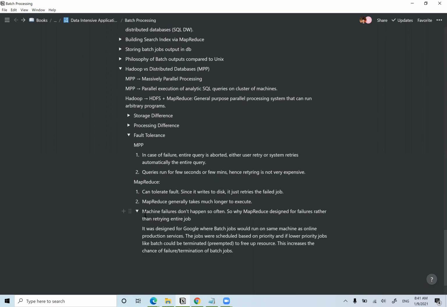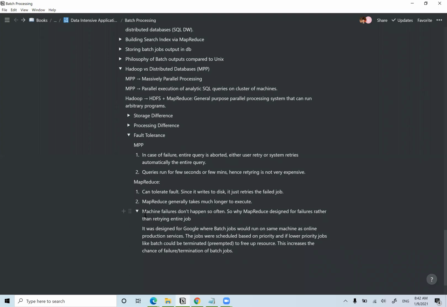So basically, this comes down to resource sharing. When Google built MapReduce, they wanted to run MapReduce jobs on the same machines which were serving their online production services. Imagine those same machines are being used to serve online user queries and any other stuff, and the same machines will be used for batch jobs as well. So they want to make optimum use of their machines, right?